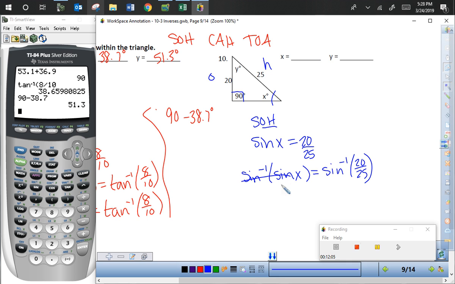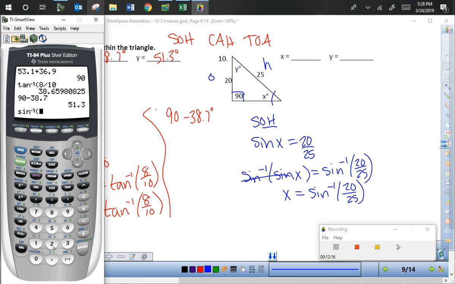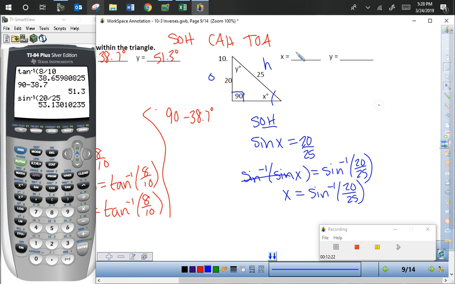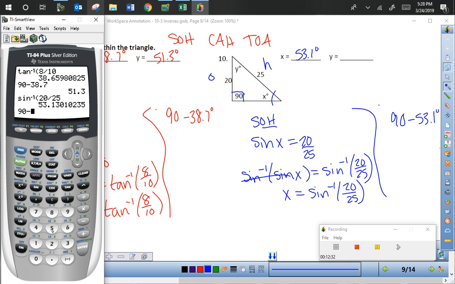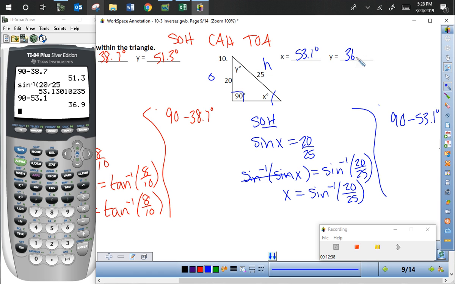On the left-hand side, they cancel, leaving just that x. And then we've got the inverse sine of 20 over 25 on the right. Giving us 53.1 degrees for our first answer. Second answer, we just have to take that and subtract it from 90 degrees. And we come up with 36.9.